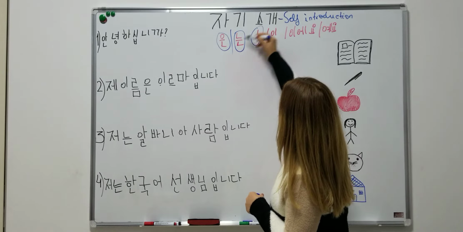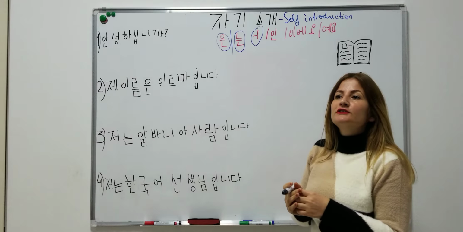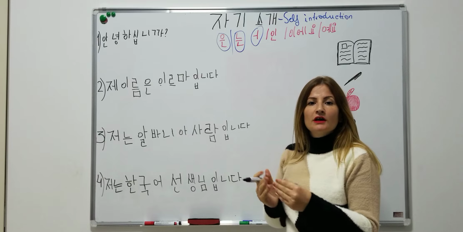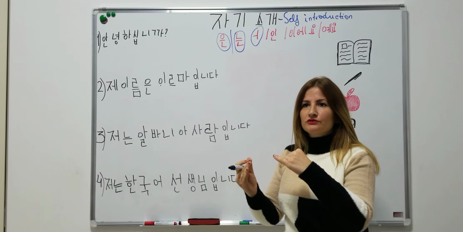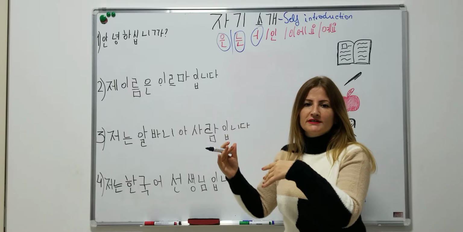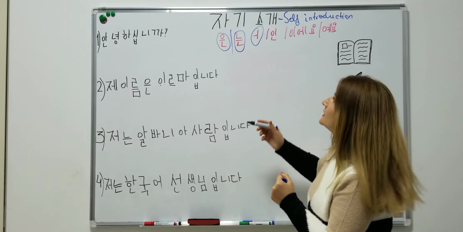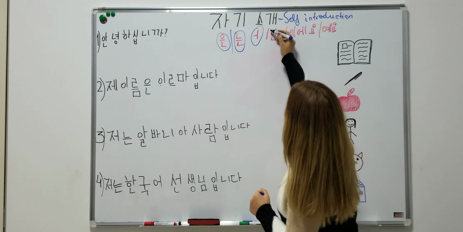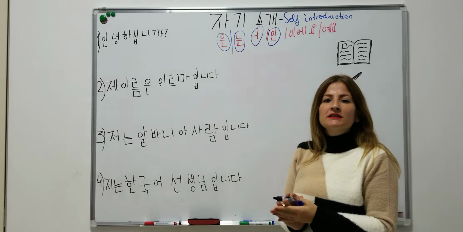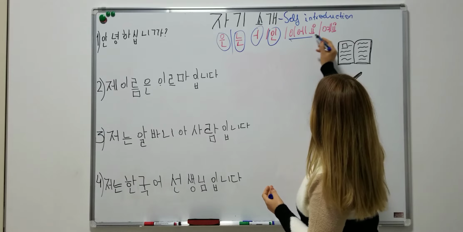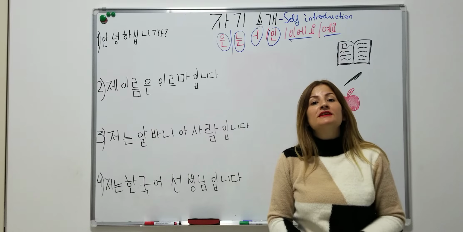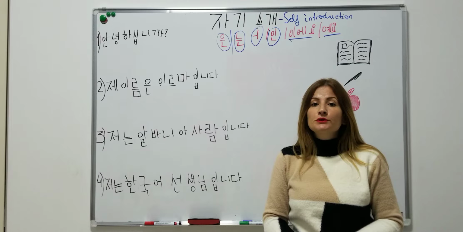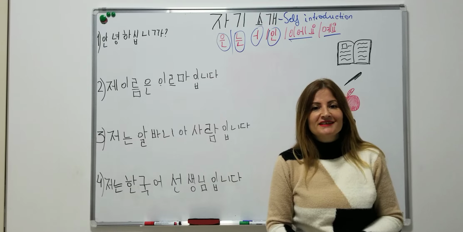This is called a particle, but it's put generally after the language or the nation, like it's written 한국, and it indicates something that you will learn. Another particle is in, and the semi-formal and very accepted endings of the verb to be in Korean.